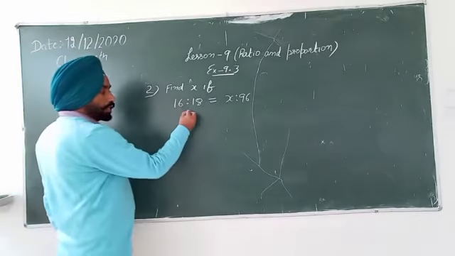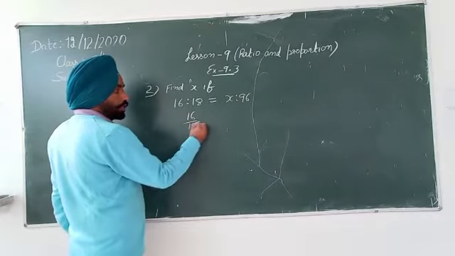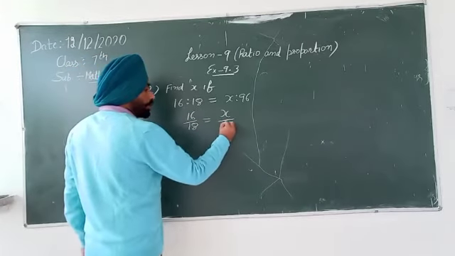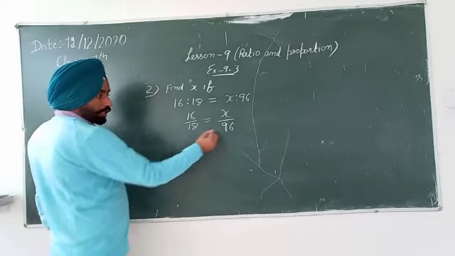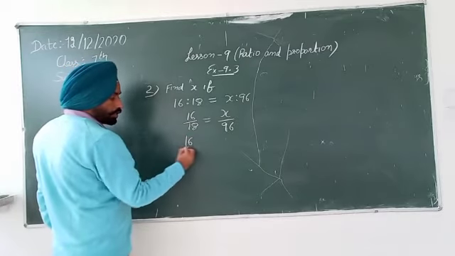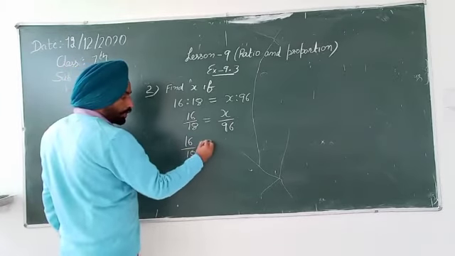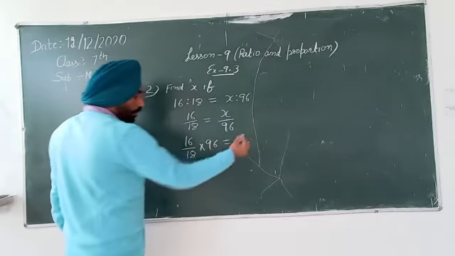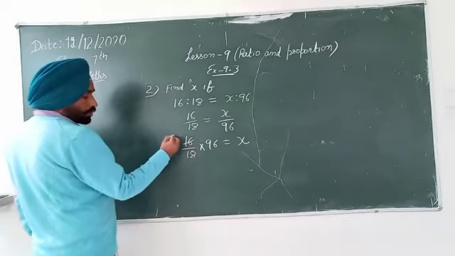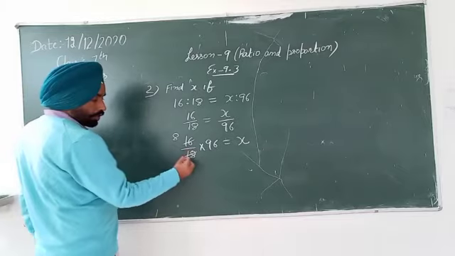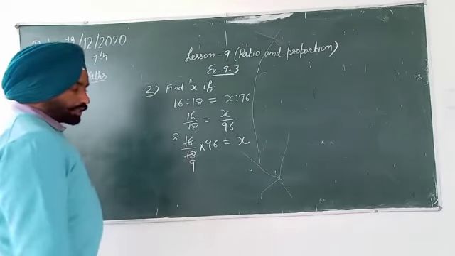So we can easily find x from here. 16 upon 18 is equal to x upon 96. Keep x on one side, 96 will come to that side. 16 upon 18 multiplied by 96 is equal to x.